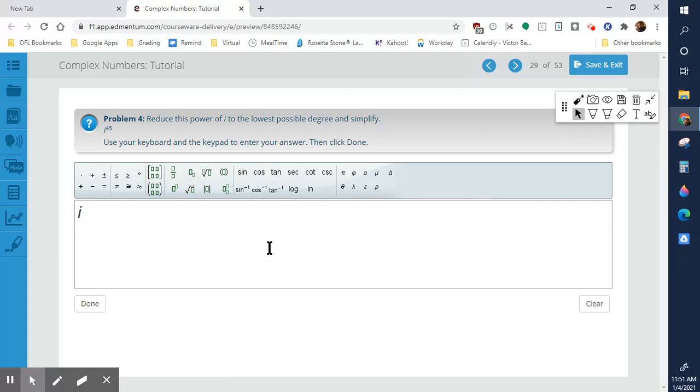We have I to the 45, and we're going to set this equal to I to the 44, because 44 is a power of 4, times I to the power of 1, meaning that our answer here is simply just I.